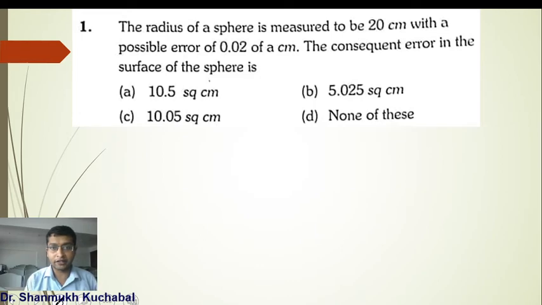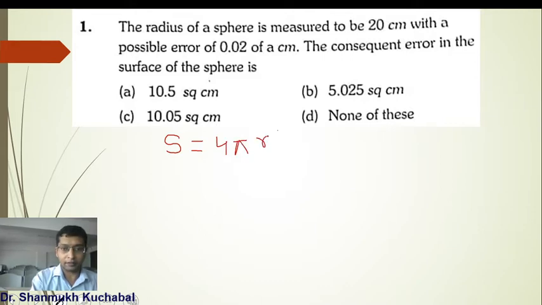The radius of a sphere is measured to be 20 centimeter with a possible error of 0.02 cm. We have to calculate the consequent error in the surface of the sphere. So in this example, the surface area is given by the formula S equals 4 pi r square.